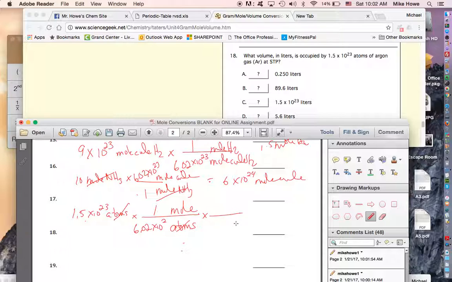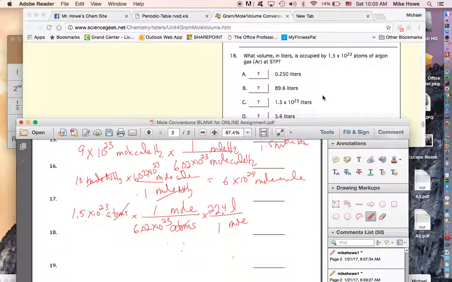And we're going to now put moles on the bottom. And on the top, we put what we're looking for as our final answer, which is liters. So 1 goes with moles. 22.4 is the liter definition. So now to do the math, you have 1.5 times 10 to the 23rd times 1 times 22.4 equals, and then you're going to divide by 6.02 times 10 to the 23rd.